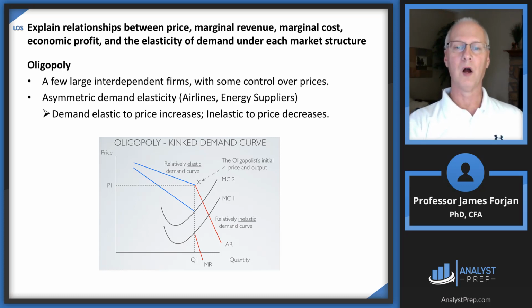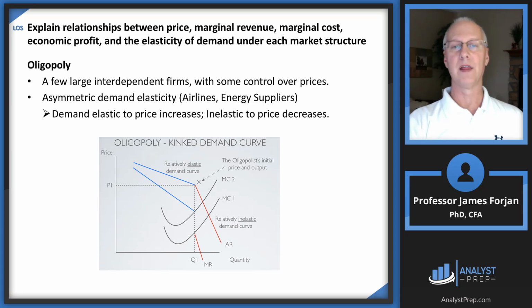So at Q1, depending on where that marginal cost curve is will determine the oligopolist's profit. That's why with an oligopoly, like with airlines or maybe energy suppliers in a relatively smaller populated geographic area, people tend to think that these firms must be talking to each other to set their prices.